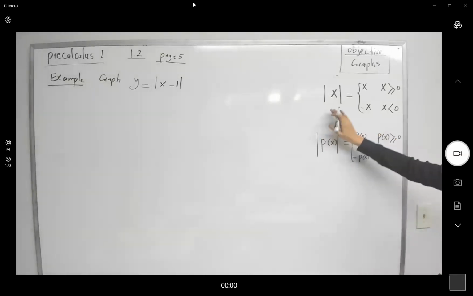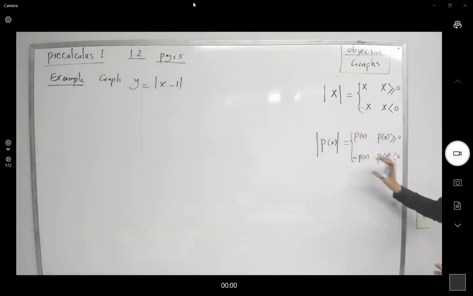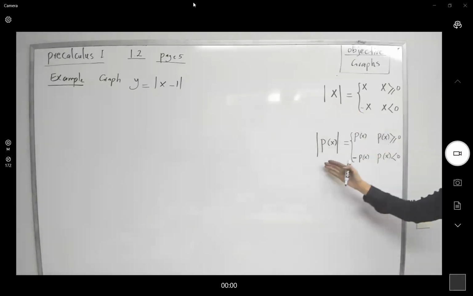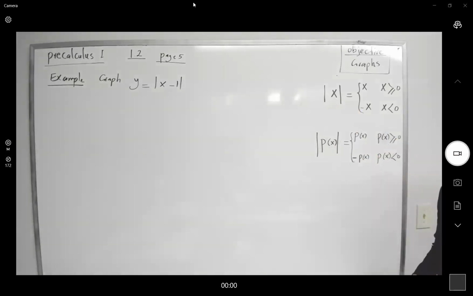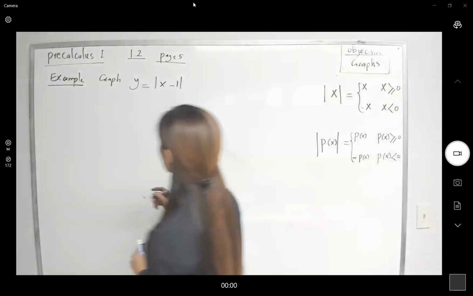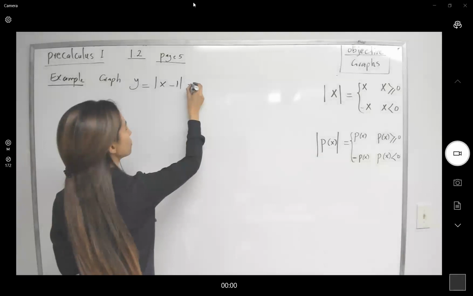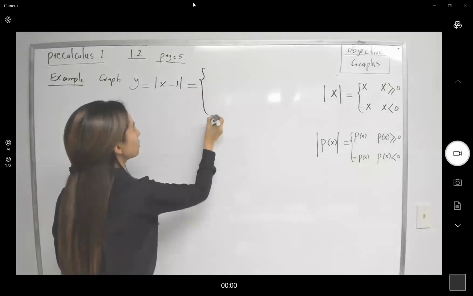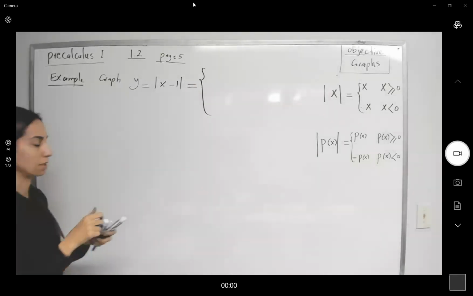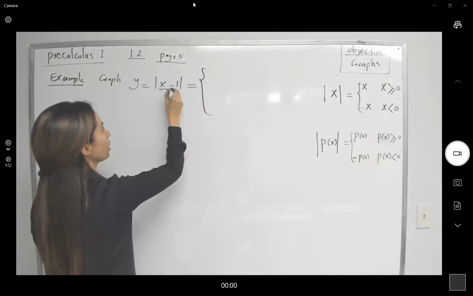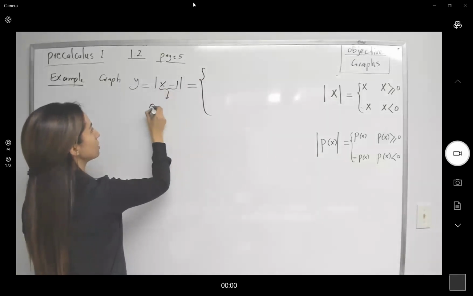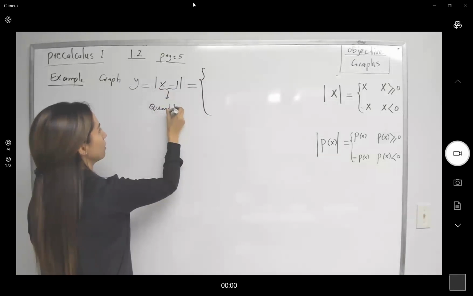So we just generalize the idea of absolute value to any quantity. Instead of having just x, you can take, for example, x minus 1 as that quantity. This is the quantity that I have.